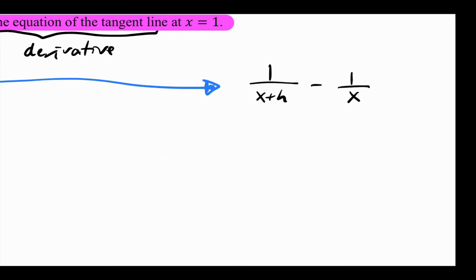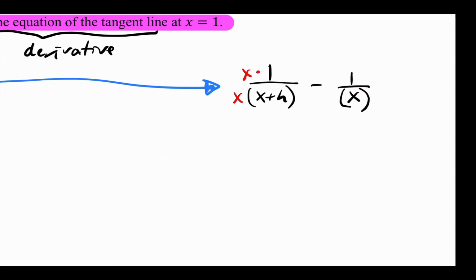To combine those, I need a common denominator. What is this guy missing that the other one has? An x, right? Some people say, oh, it's already got an x. No, it's got an x plus h. Those are different things. So it needs an x.